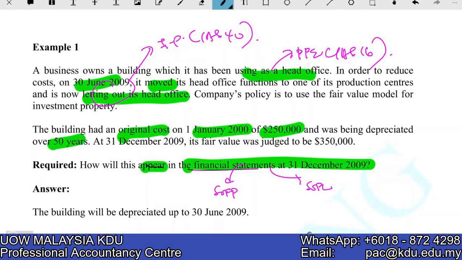Now, this is changing from 16 to 40. So 16 to 40, what do I need to calculate? If it's 16, I need to find what is the carrying value of the PPE. Then change to 40. 40, I need the fair value. So if there's a difference between the carrying value and the fair value, where do we recognize it?